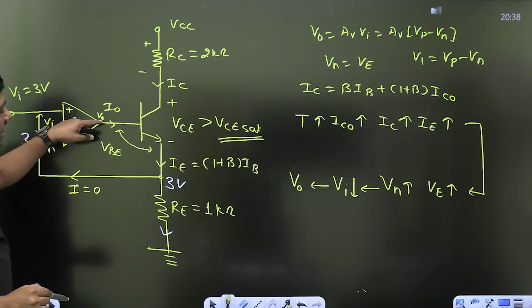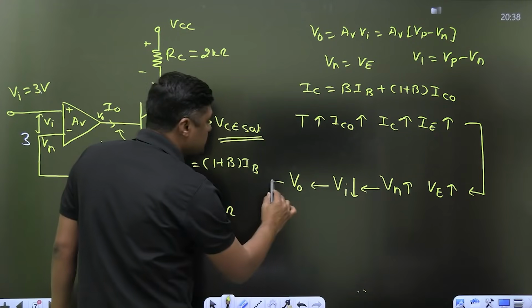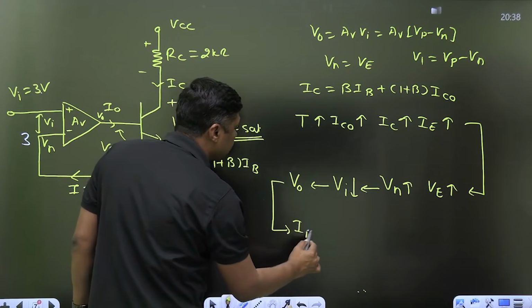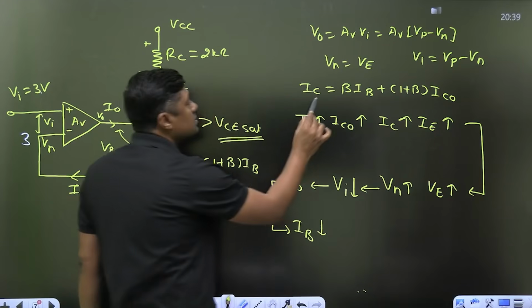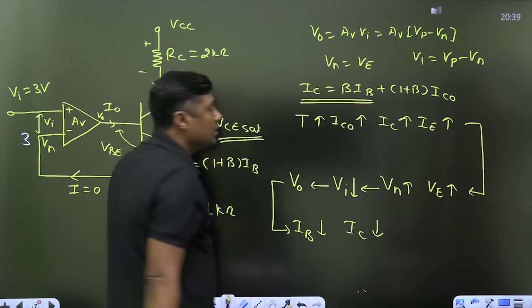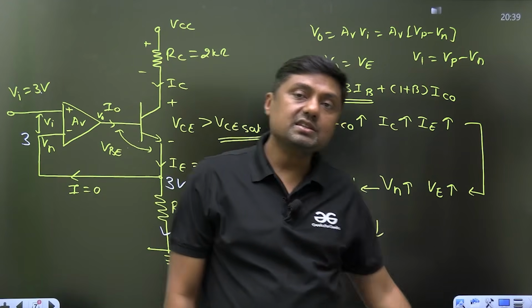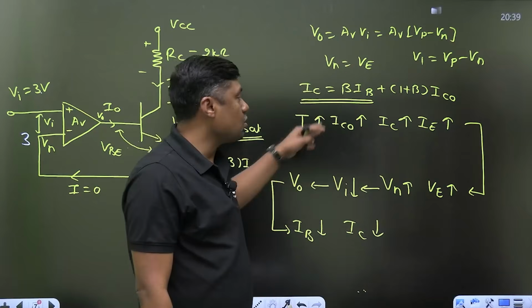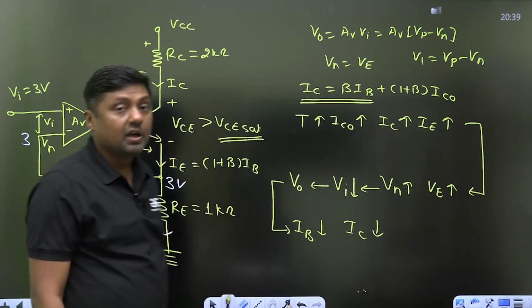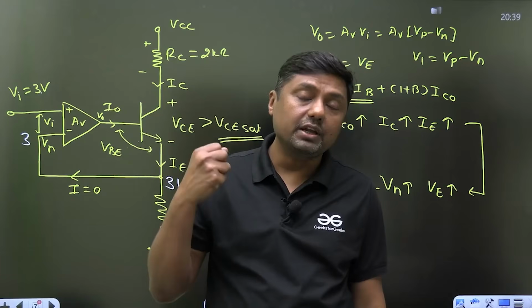When the V naught decreases, it is less forward biased, because of this IB will reduce. When the IB reduces, IC will reduce, and that is called the compensation technique. Right? Rise in IC is compensated. So this is called negative feedback. So this type of questions I am discussing in what class? In interview, it will help you guys.